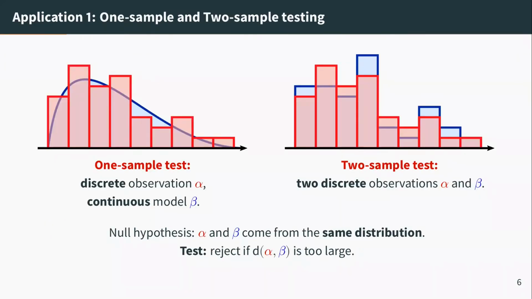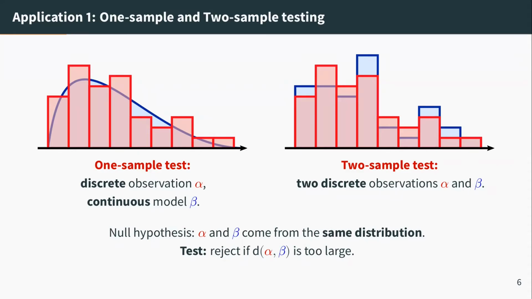From the same distribution if one is continuous and the other one is... is it possible to say that they come from the same distribution? Yes. Here, basically the idea is that beta typically is going to be your continuous model, your assumption, so let's say a Gaussian distribution. And then alpha is going to be a point cloud. You're going to get maybe 2,000 samples.